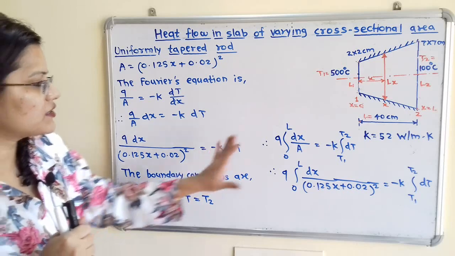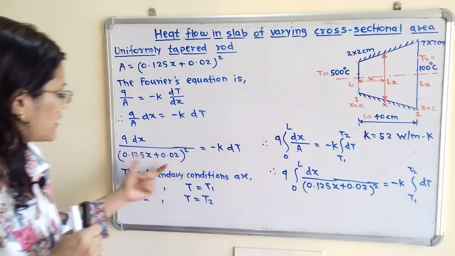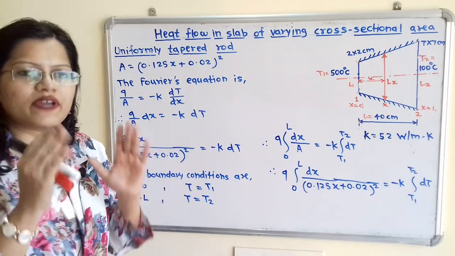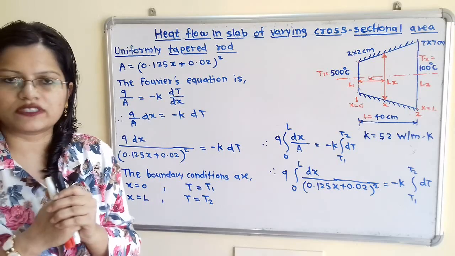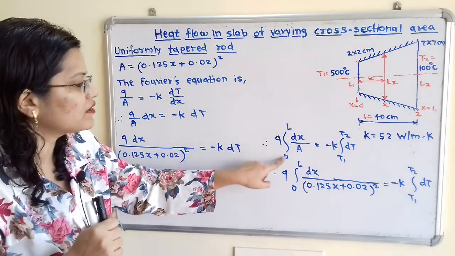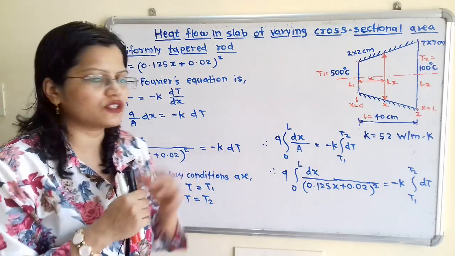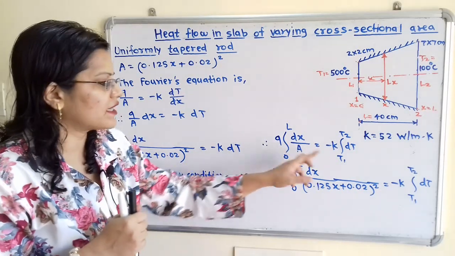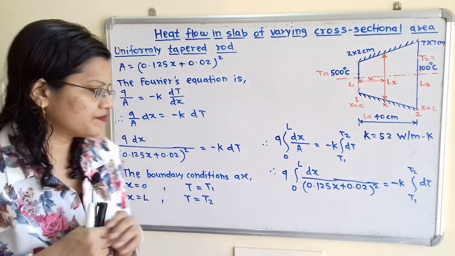For this integration, the variable is x, that is dx, and the area is also made up of x, while q is not a function of x, so we take it outside. For x, the limit is from 0 to L. In the same way on the other side, k is not a function of T, so we take it outside, and for dT we give the limits from temperature T1 to T2.